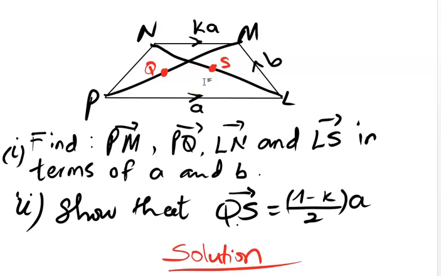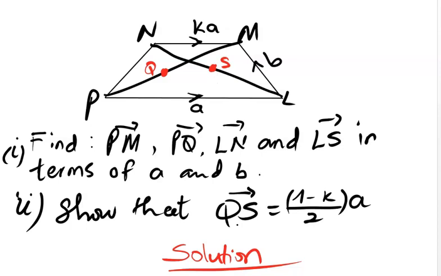Equally, note that if you go against any of these arrows, the sign becomes negative. Like, P to L is A, means LP will instead be negative A.